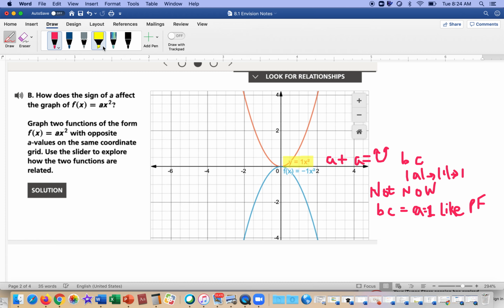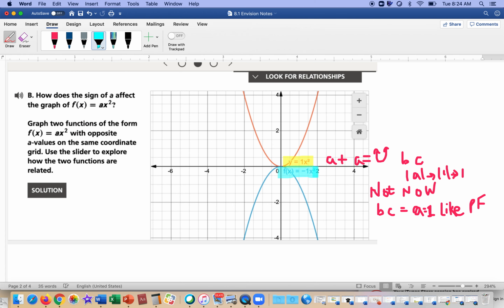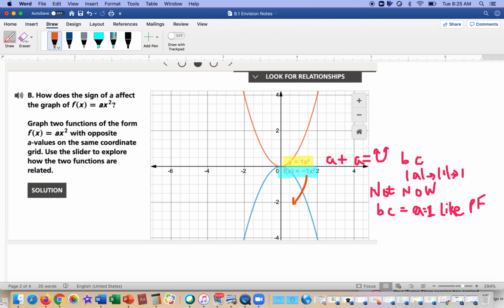Okay, then if we look at the second one, we have f of x or y equals -1x squared. Since a is negative, that's why this parabola opens downwards, right? Positive is up, negative is down.